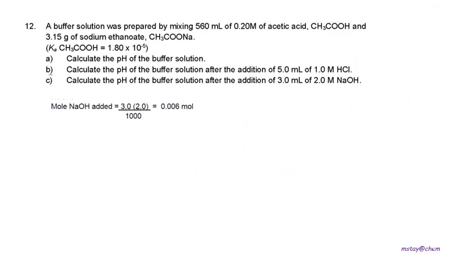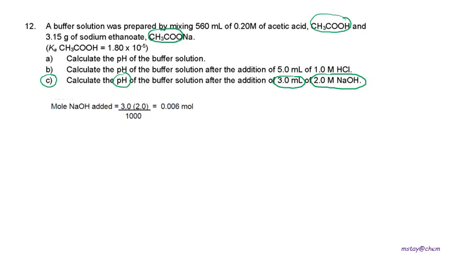Question 12C. Calculate the pH of the buffer solution after addition of 3 ml of 2 molar NaOH solution. Again, in the solution here, CH3COOH and CH3COO negative are the main species.